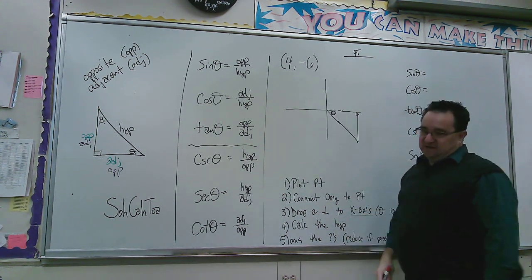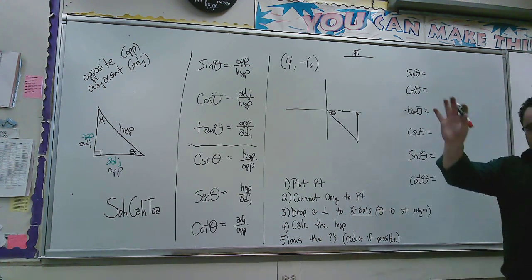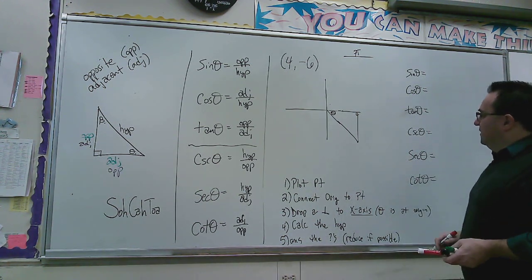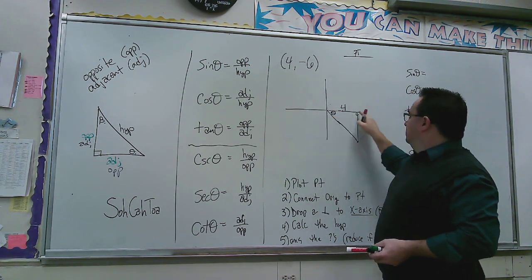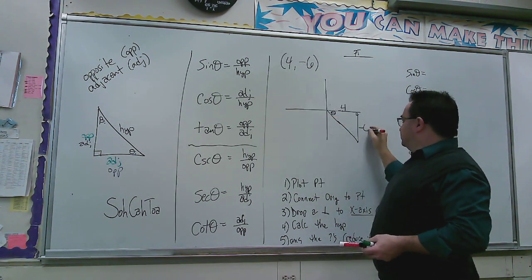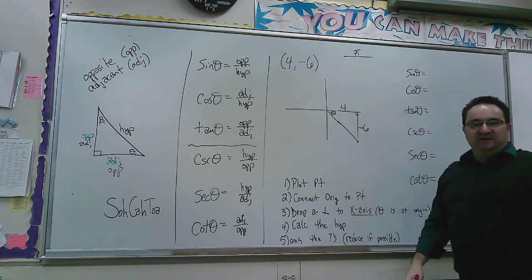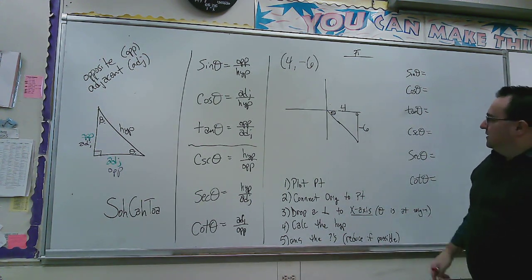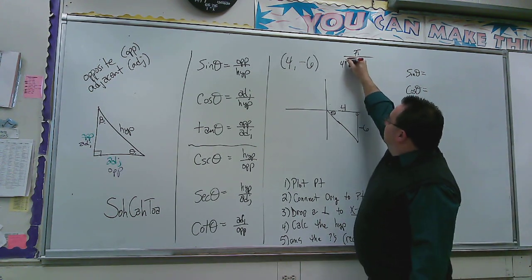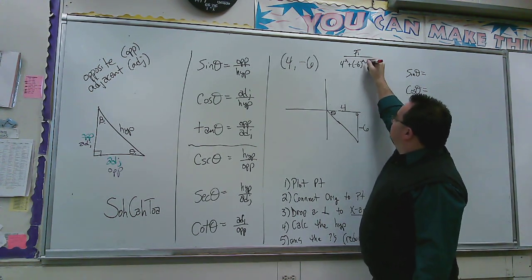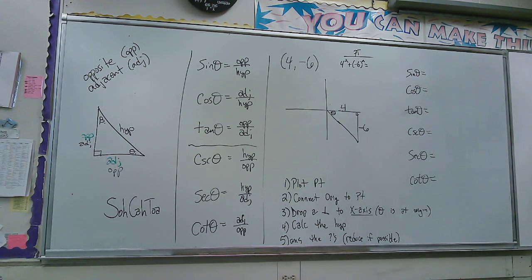Theta is always the angle inside the triangle connected to the origin. And what do I know? I know I went forward 4 and I went down 6. That's a slightly different way of thinking a coordinate than we usually do. What's that missing side? Pythagorean theorem. 4 squared plus minus 6 squared equals h squared.